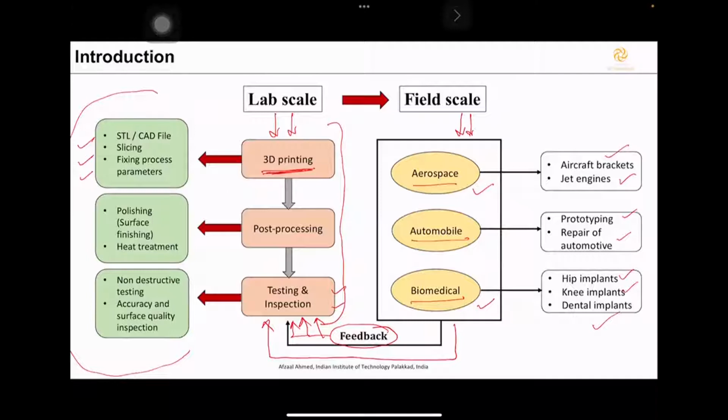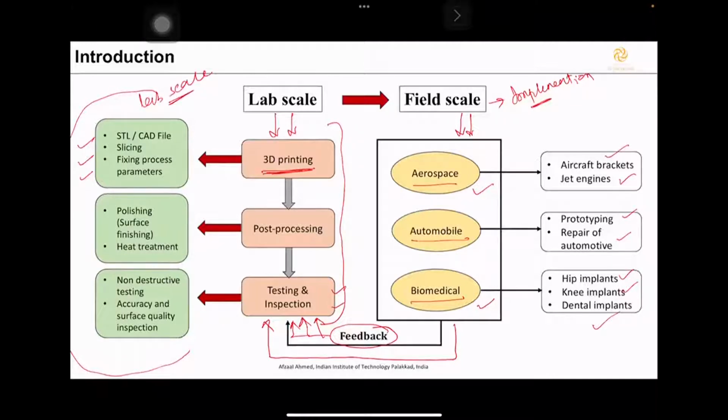Field scale definitely goes for implementation. So this goes for your implementation on let's say an airliner or an automotive vehicle, or inside the body of a human being. So here we are implementing whatever we are doing on the lab scale.